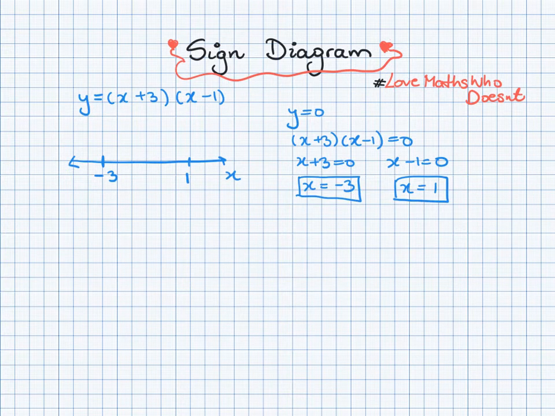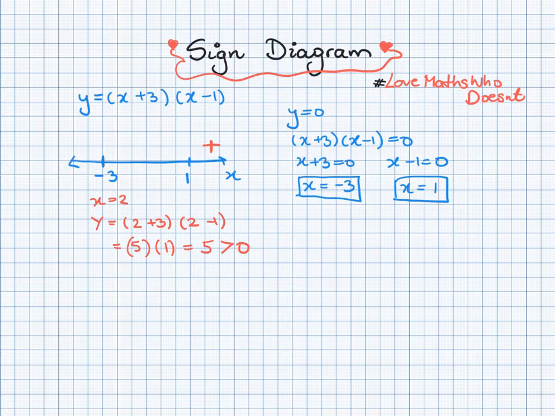Our function y is equal to (2 plus 3)(2 take away 1), which simplifies to 5 times 1, and it's positive 5, which is bigger than 0. Which means that the graph here is positive.